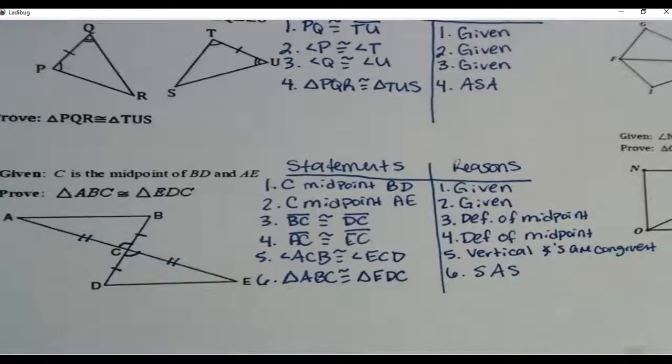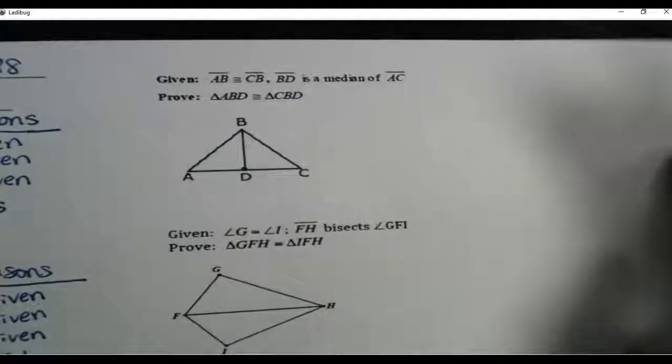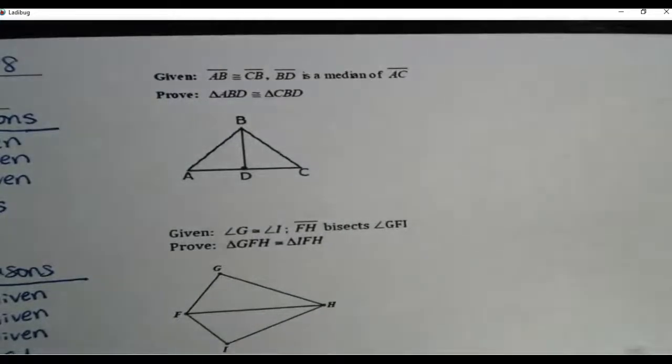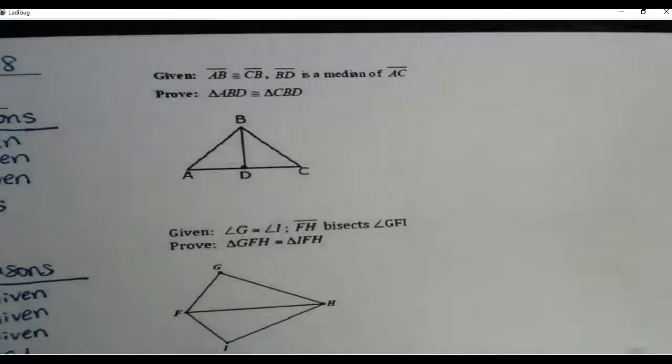Any questions on that? Alright, so our next one. So our next one, we're given that AB is congruent to CD. We're also given that BD is a median of AC.